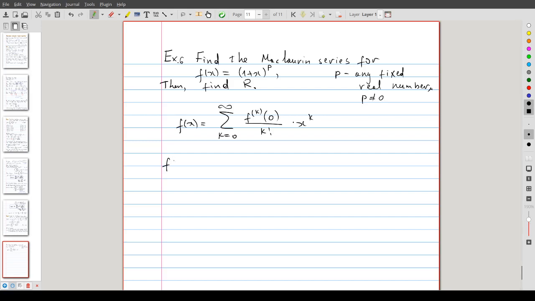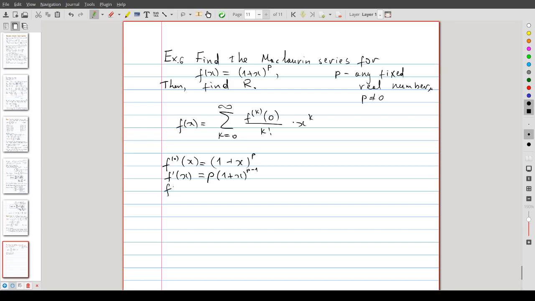So the 0th derivative of f is f itself, so it is 1 plus x to the power p. The first derivative: in order to differentiate this, I need to use the chain rule. First, I differentiate the outer function, which is the power function, and then I need to multiply by the derivative of the inner function, which is 1. So this is the derivative of f.